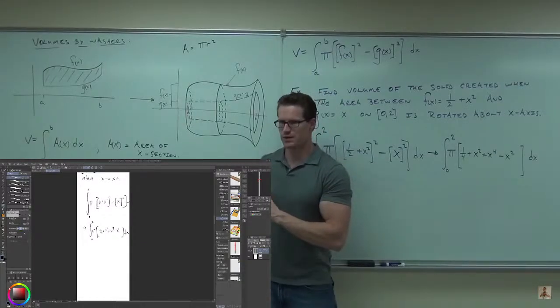The thing about it, you could do this two different ways if you really thought about it. You could find the volume of f of x and find the volume of g of x and just subtract them, couldn't you? That's another way to derive this formula, by the way. It's the same exact thing. You'd be subtracting integrals between the same bounds with a common pi. You'd factor the pi. Same thing.